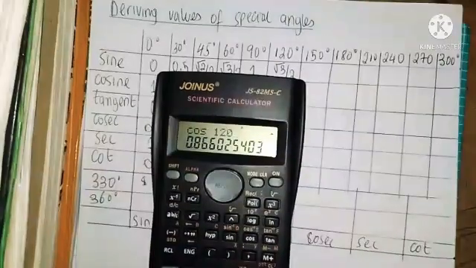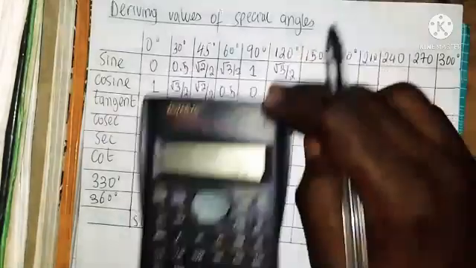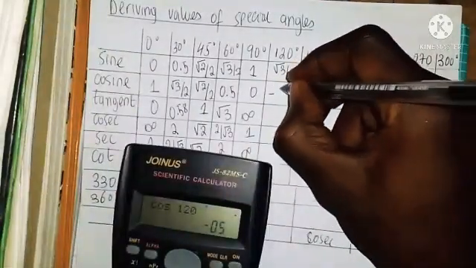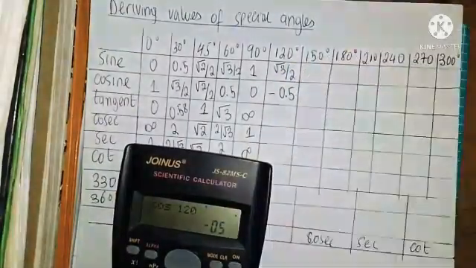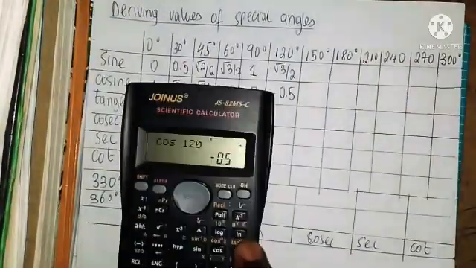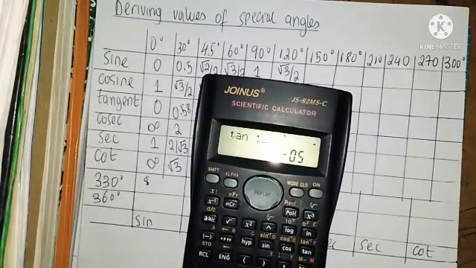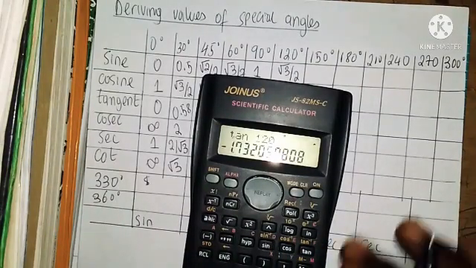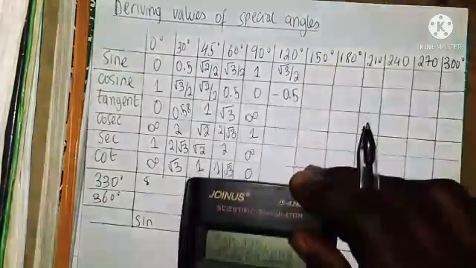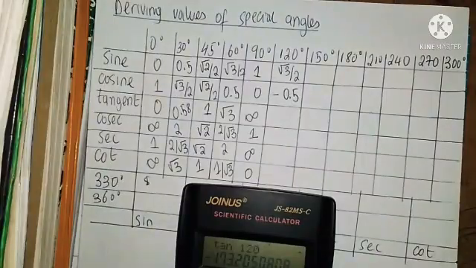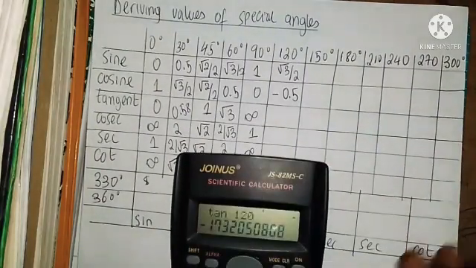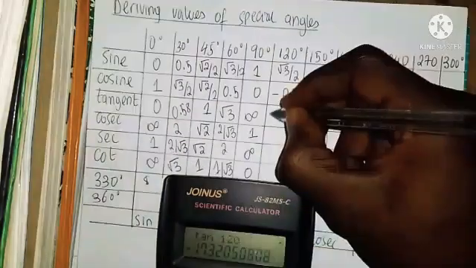Cos 120, we have negative 0.5. Oh, we begin having negative values. Wow. And tangent of 120 is equal to minus 1.73.